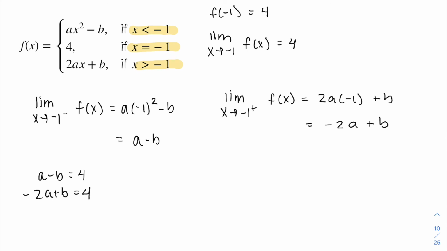So you have a system of equations now, so you can use substitution, elimination. You could graph them, I guess. That seems like a lot of work. I'm going to use elimination here. If I add my two equations together, I get a minus 2a is negative a, and then negative b plus b cancels out, and that's going to equal 8. So my a value is going to give me negative 8.